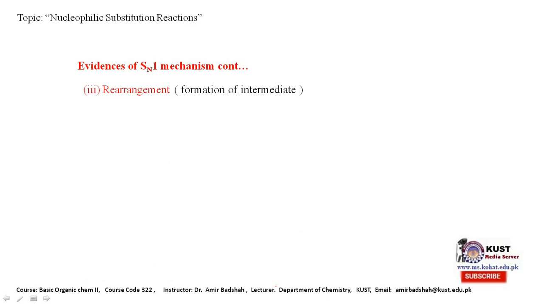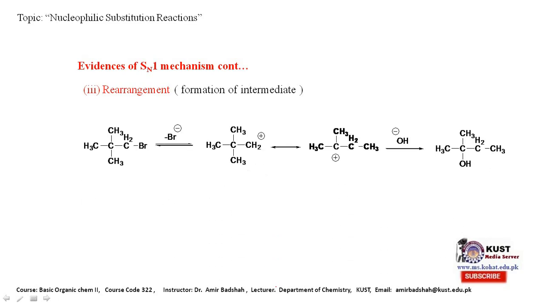Now we are coming to the third evidence of SN1. If we get a rearranged product, that means the reaction has occurred through SN1, not through SN2. For example, if we consider this reaction, this leaving group leaves and forms this carbocation.